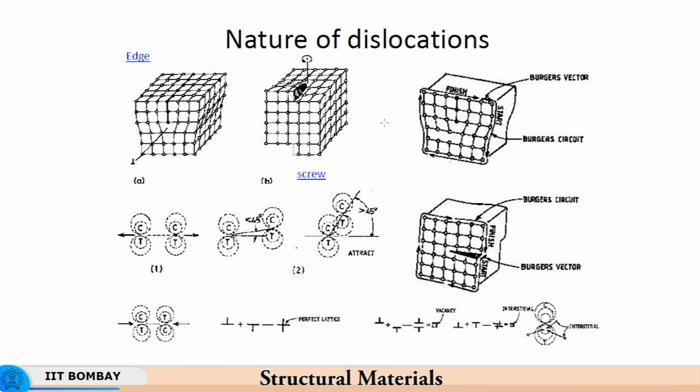So, whether an interstitial or a vacancy gets created depends upon how the interaction occurs, at what angle it occurs, what is the distance between the shear planes of the two interacting dislocations, whether they are separated, whether they are interfering, or whether they are in the same plane but aligned differently.